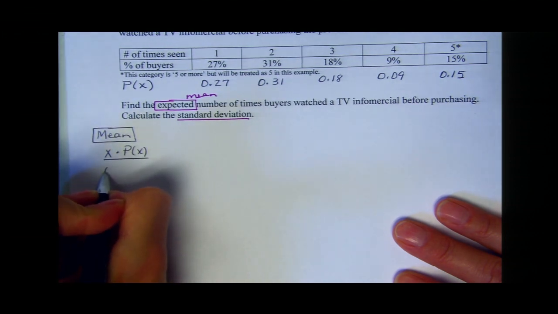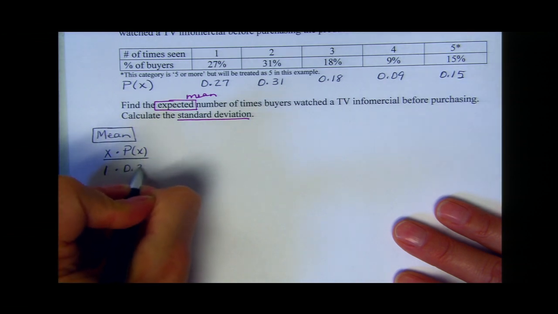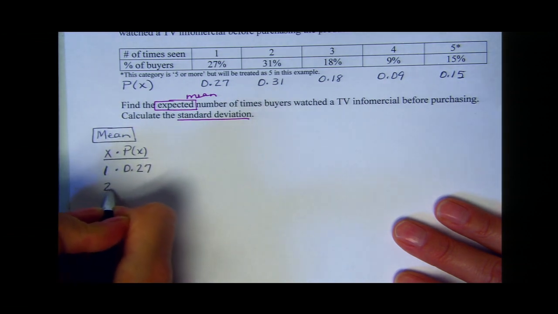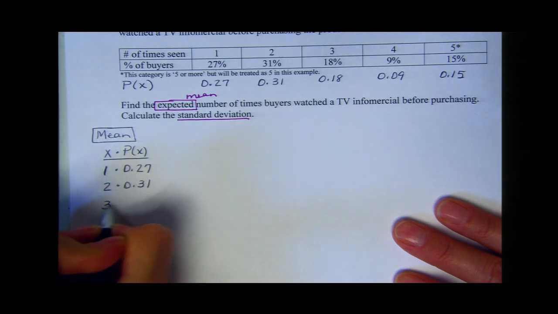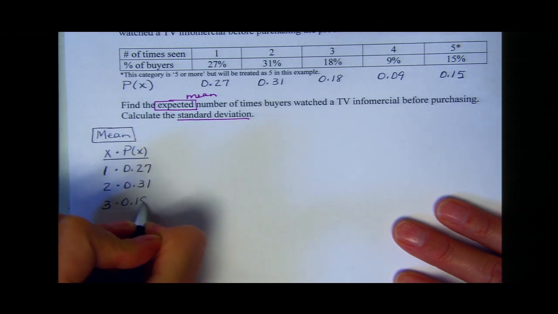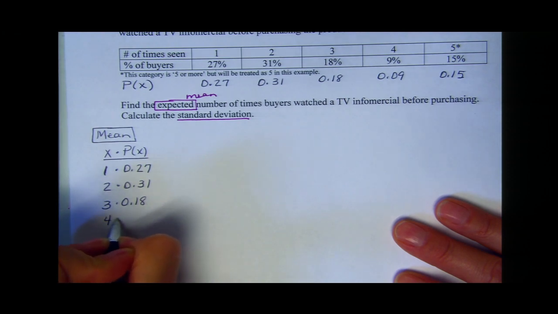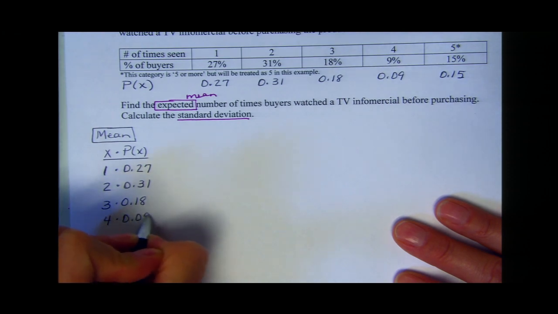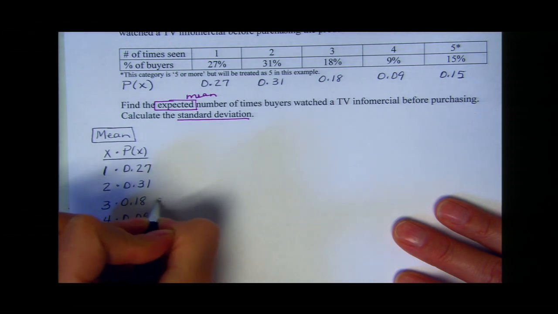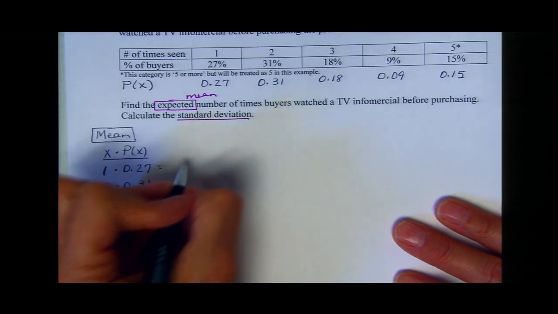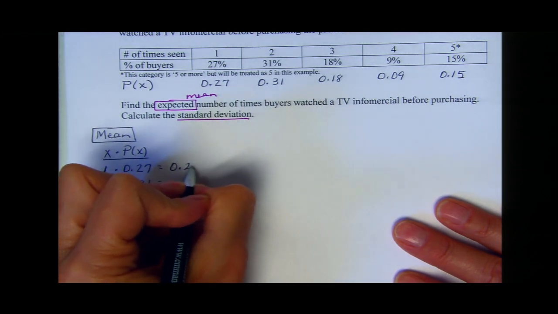So we're going to have 1 times 0.27, 2 times 0.31, 3 times 0.18, 4 times 0.09, and then 5 times 0.15. So we're going to multiply each one of these. Again, I'm going to round to 2 decimal places.